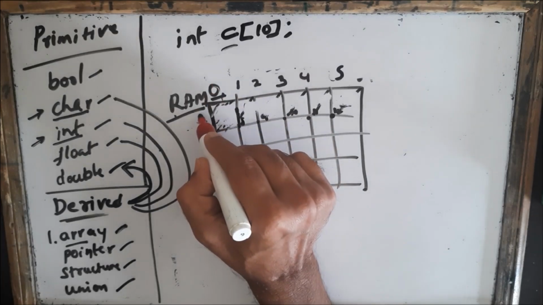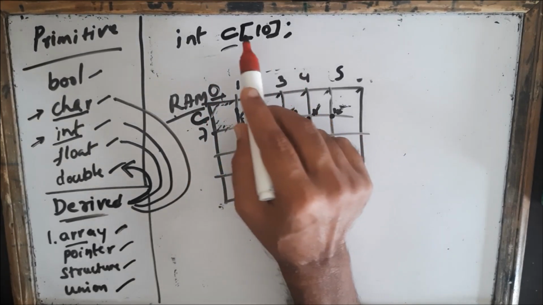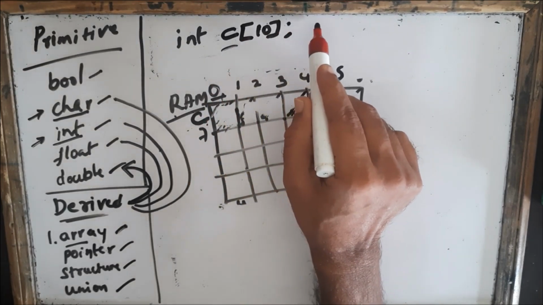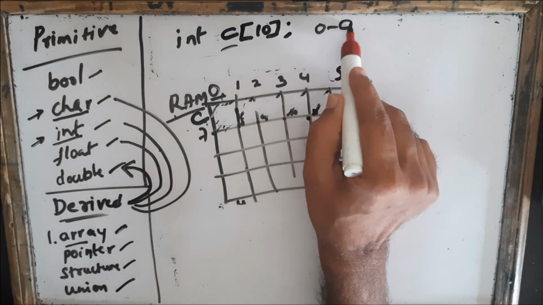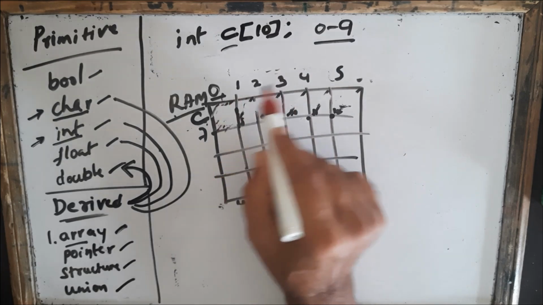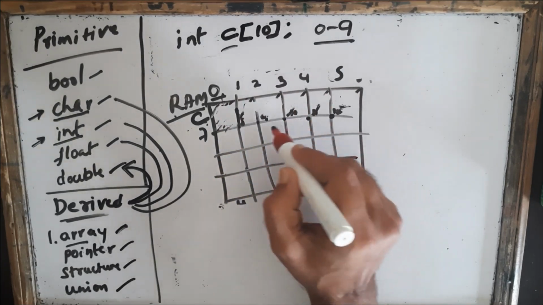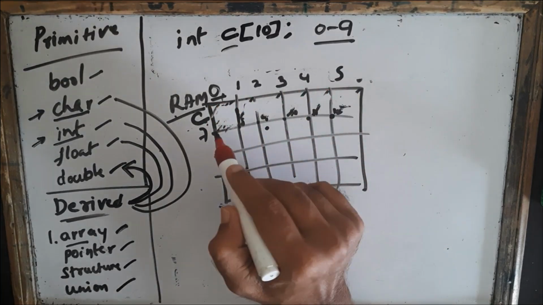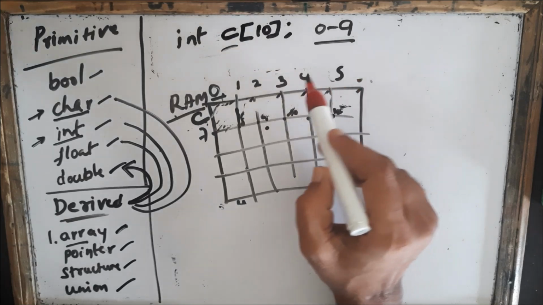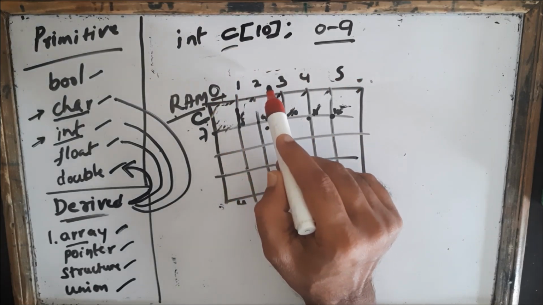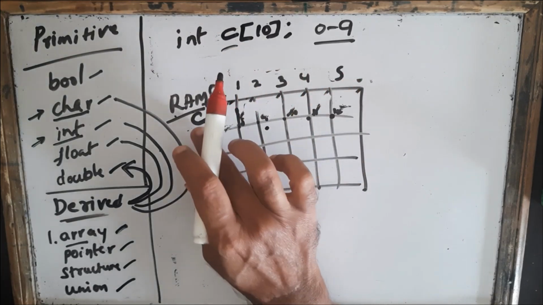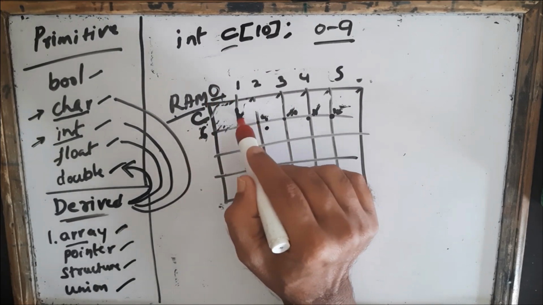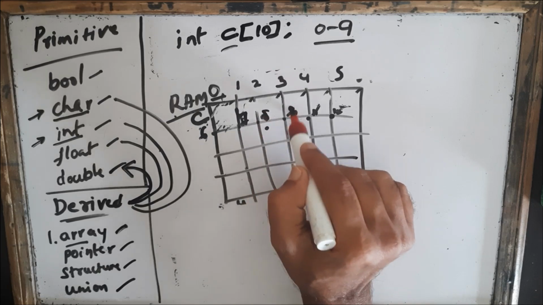This C will be allocated here at the 0, and 10 means 0 to 9. 0, 1, 2, 3, 4, 5, 6, 7, 8, 9.